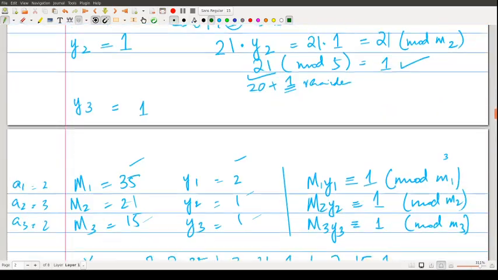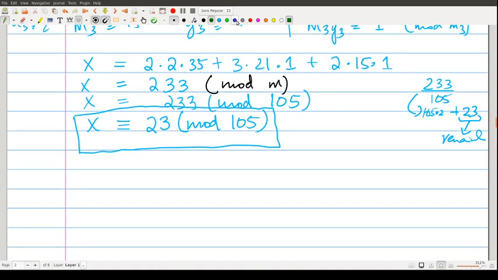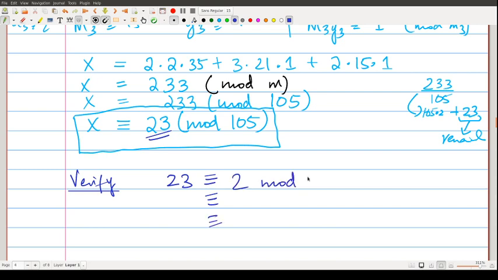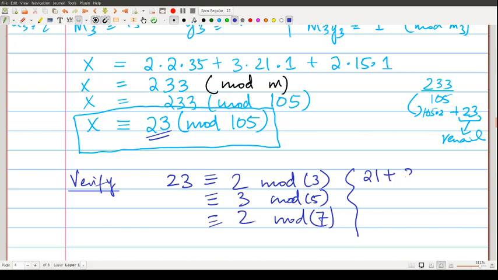And if you want to verify it, you can check that 23 should satisfy all of these equations. It should satisfy 2 mod 3, it should satisfy 3 mod 5, and it should satisfy 2 mod 7. Let's verify that right now. If I divide 23 by 3, the multiple is 21 plus a remainder of 2.